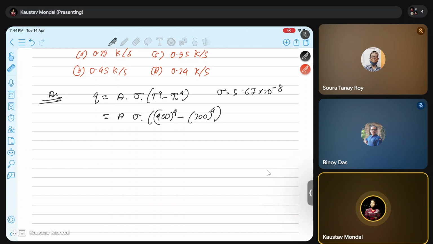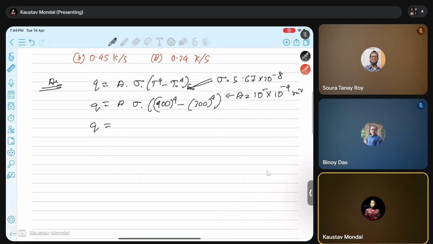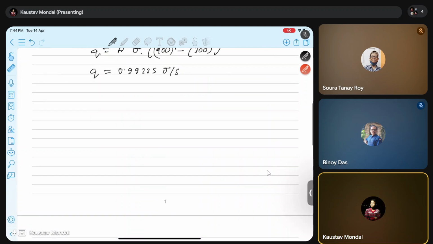A is 10 centimeters square, that means 10 into 10 to the power minus 4 meter square. If you substitute all these, you will get Q as 0.9925 joule per second.